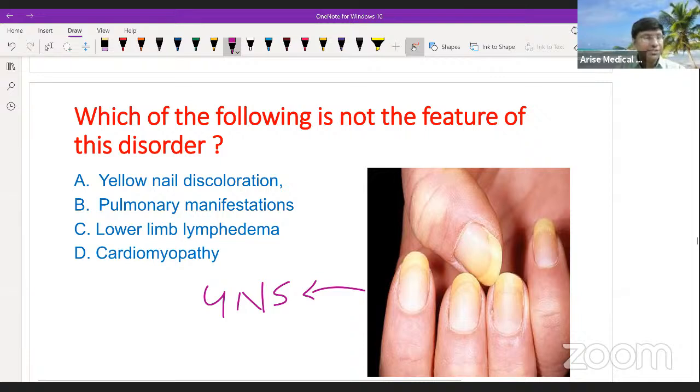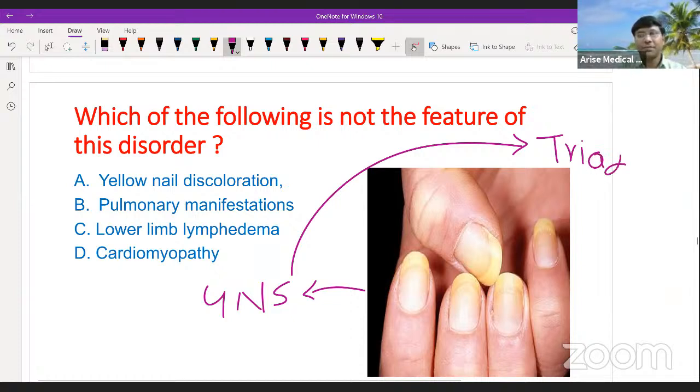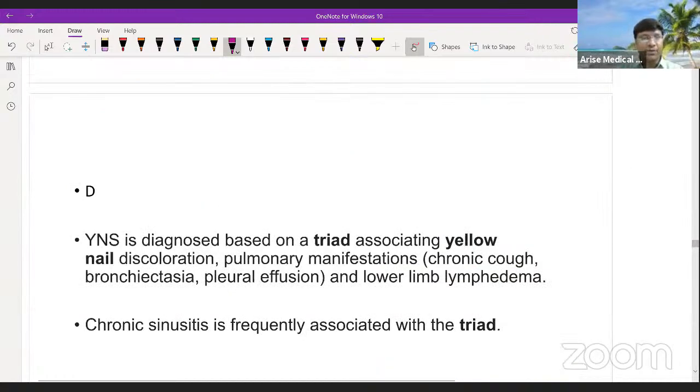Now, in patients with yellow nail syndrome, you have a triad. What is that triad? Number 1, yellow nail discoloration.